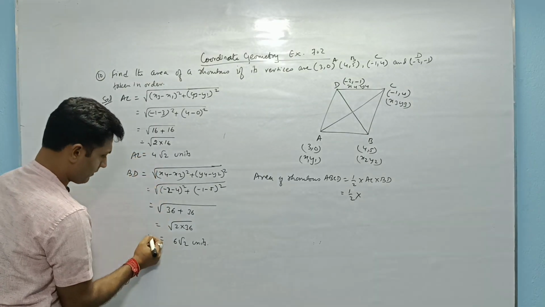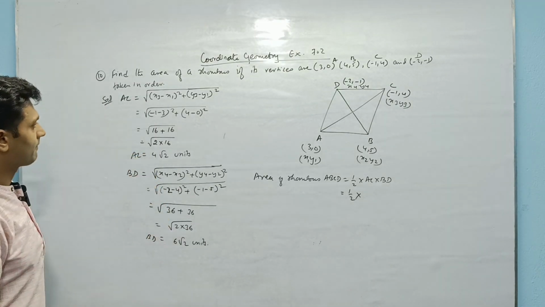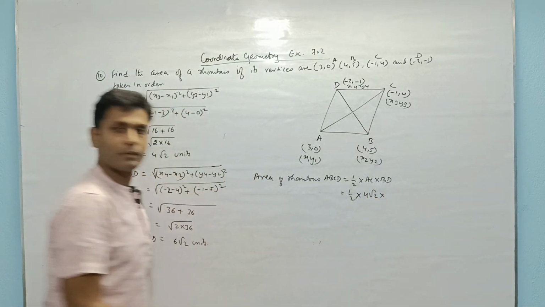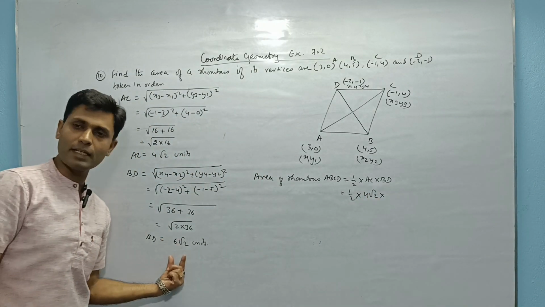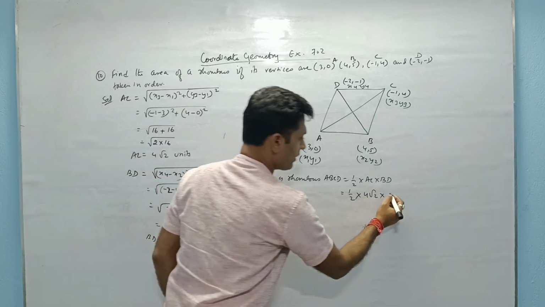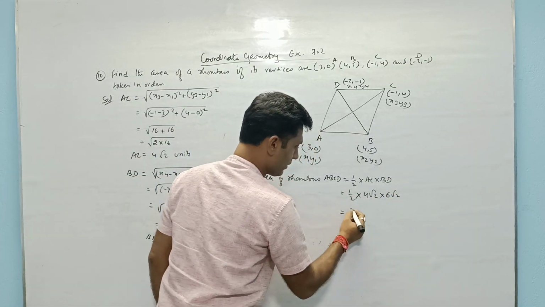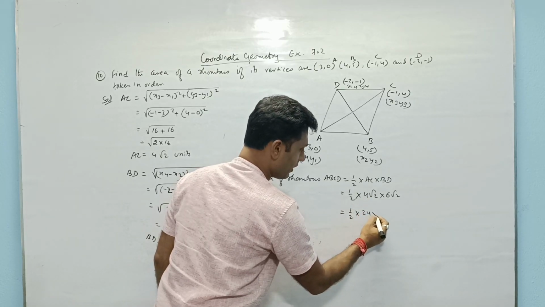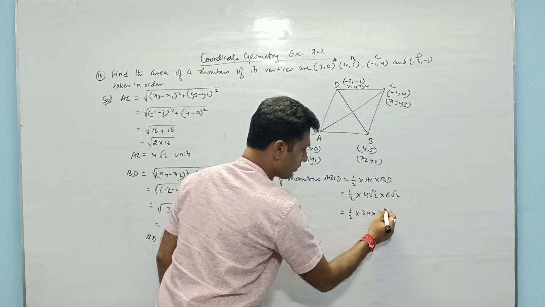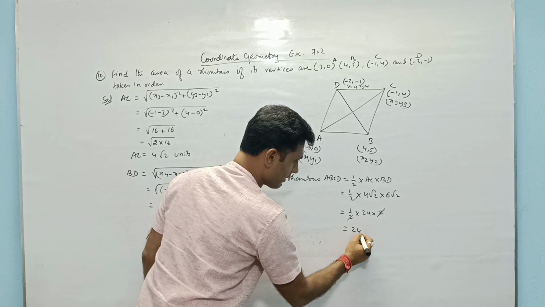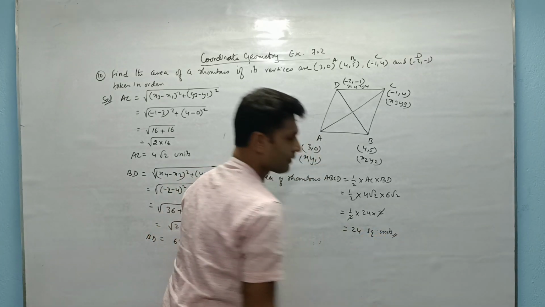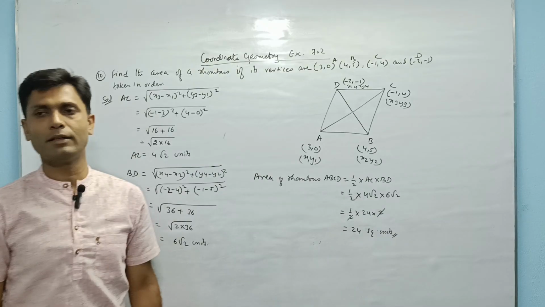AC is 4 root over 2. And what is BD? 6 root over 2. So this is half into 4 into 6 is 24. Root 2 into root 2 is 2. 2 and 2 will divide. We'll get 24 square units.